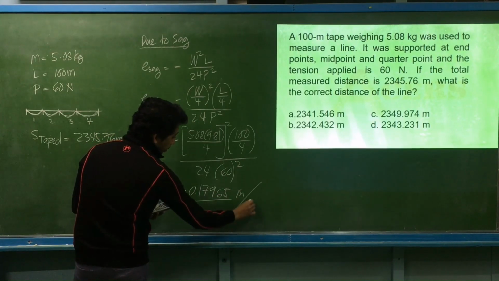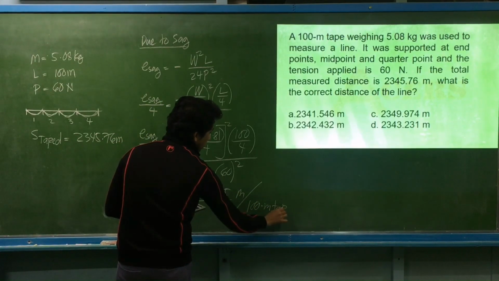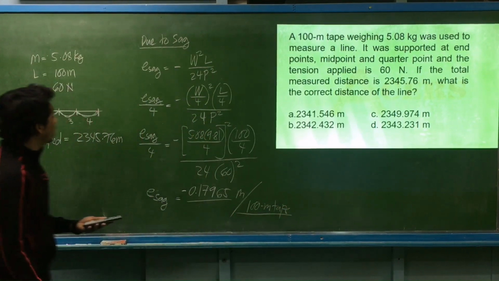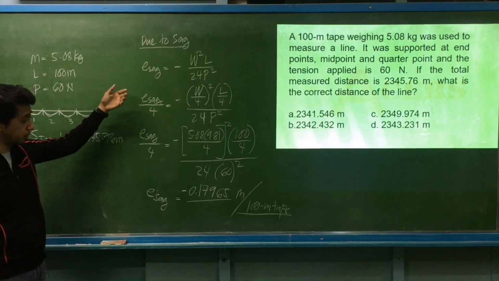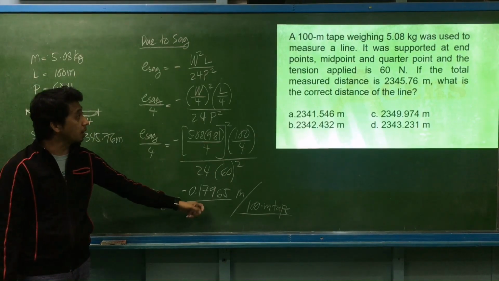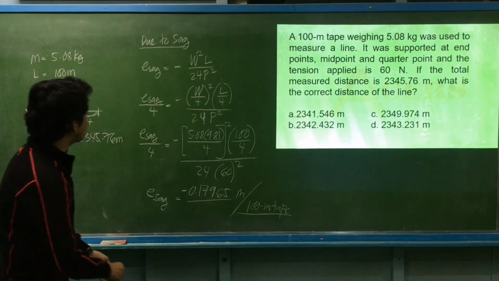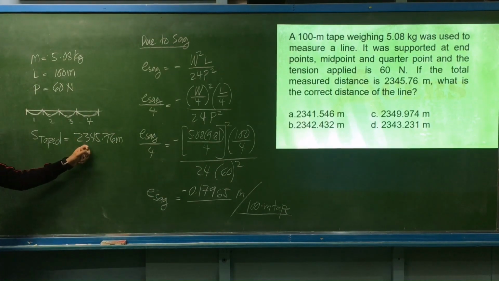So this is the error per 100 meter tape. So, every 100 meters, per time that this tape is used, this is its resulting error. So, we just need to distribute this error, distributing this error to the total tape distance.